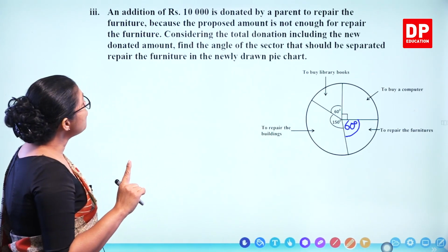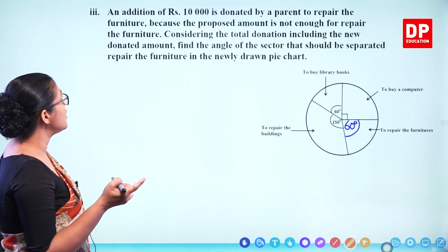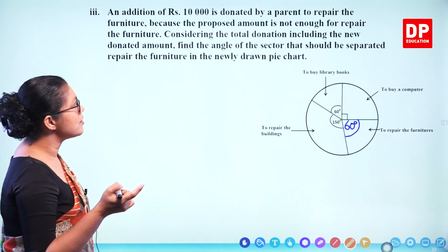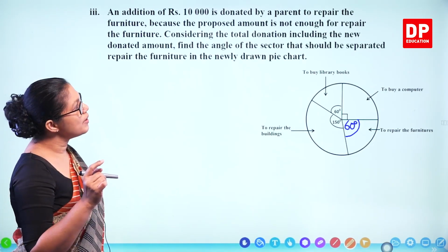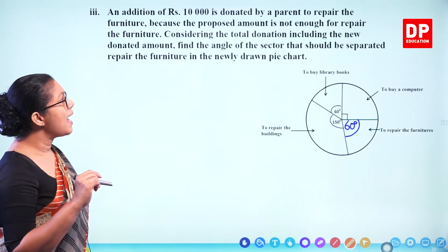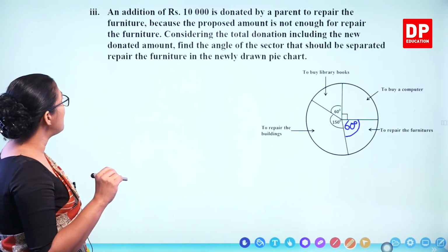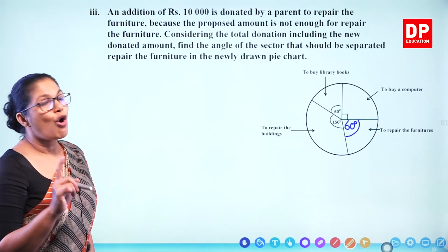An addition of 10,000 rupees is donated by a parent to repair the furniture because the proposed amount is not enough to repair the furniture. Considering the total donation including the new donated amount, find the angle of the sector that should represent repairing the furniture in the newly drawn pie chart.